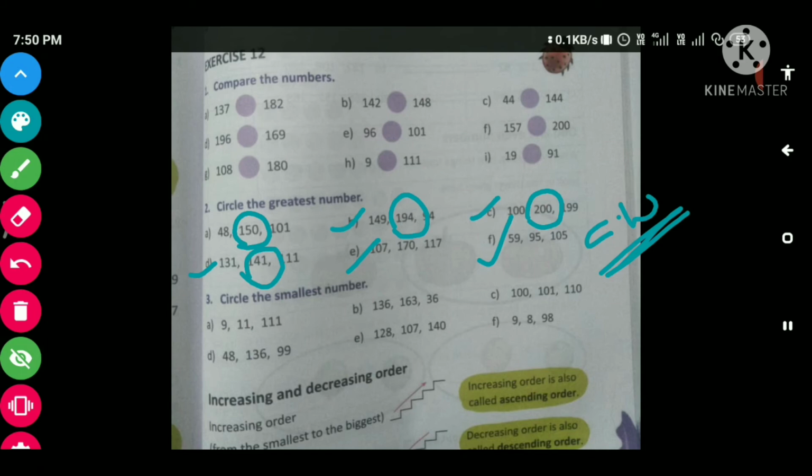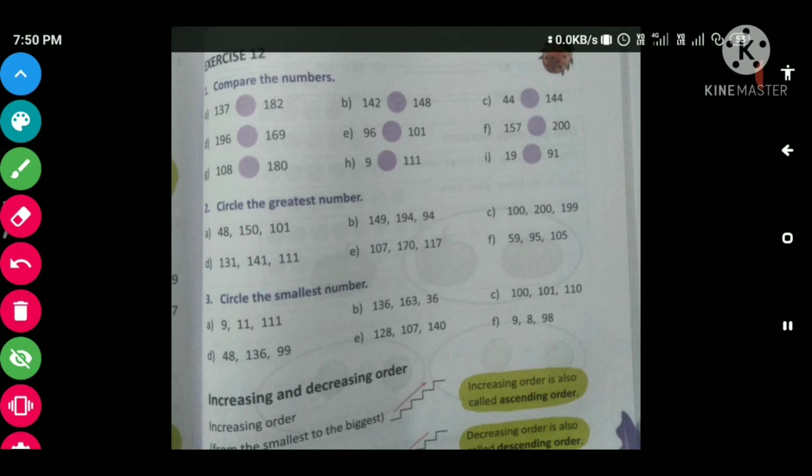Okay, now see question number 3. Here you have to circle the smallest one. First of all we'll see the digits. If a 1-digit number is there and the rest of the numbers have 2 or 3 digits, the 1-digit number will be the smaller one, because we know that the more digits there are, the greater the number will be.